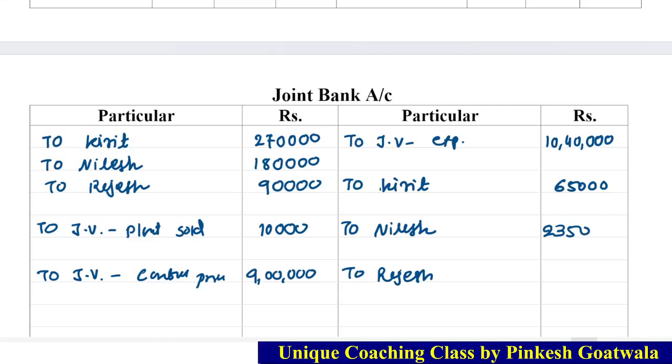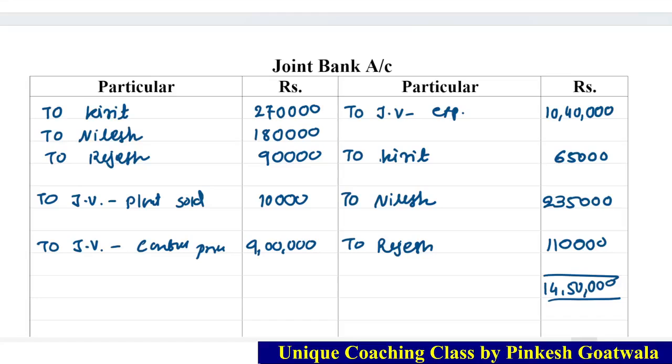So 10, 40, 65, 235, 110. Total 14 lakh 50,000 this side. And here 270, 180, 90, 10 and 9 lakh. So 14 lakh 50,000. So both sides balance.